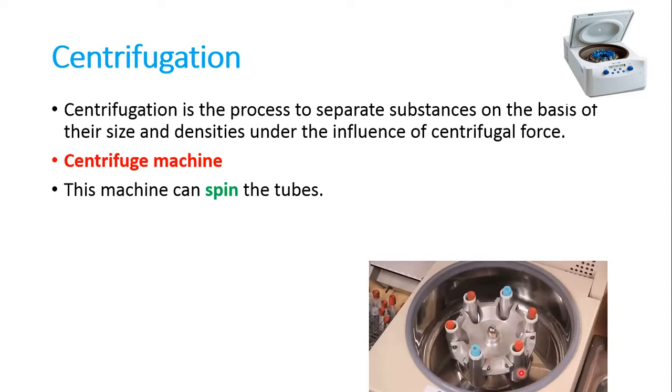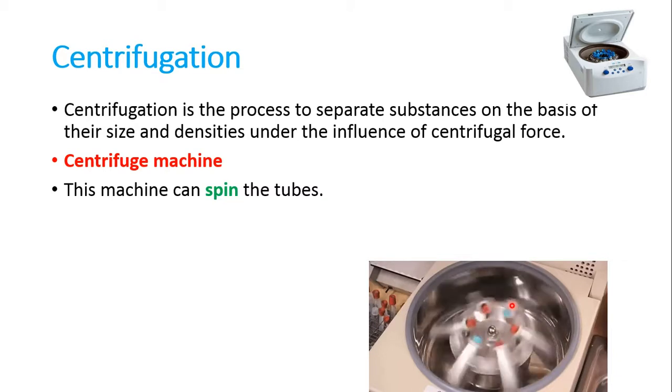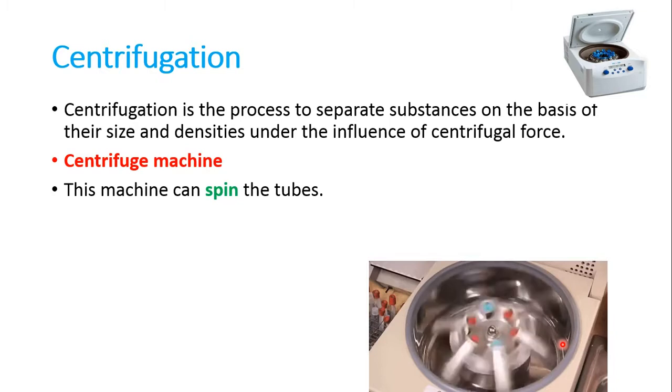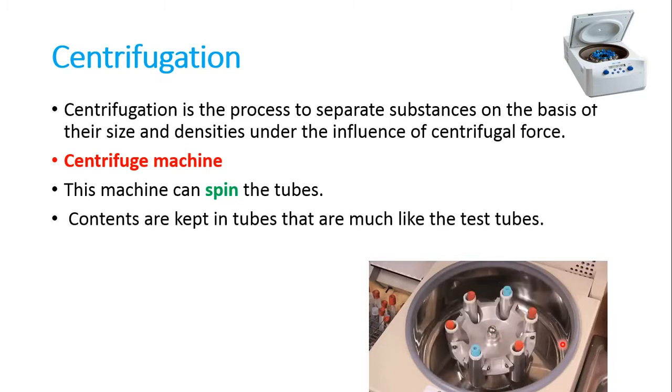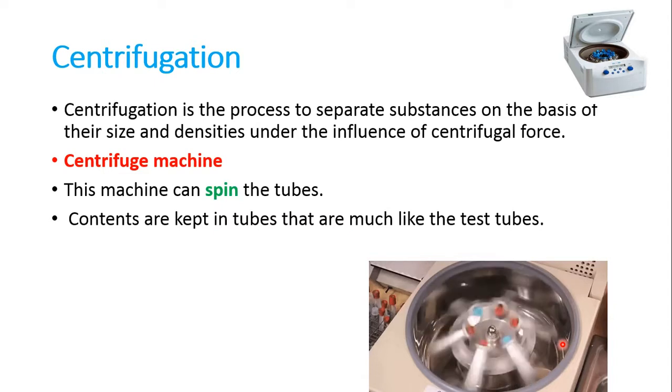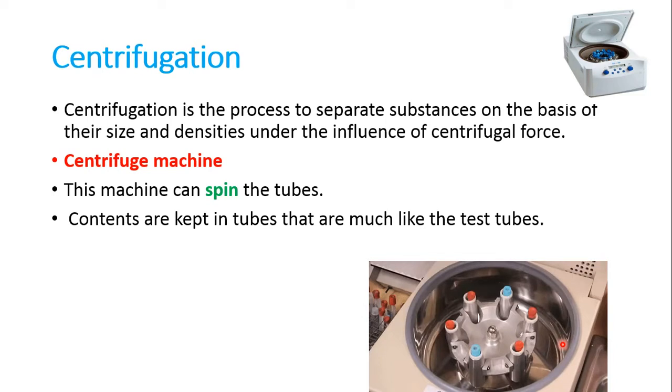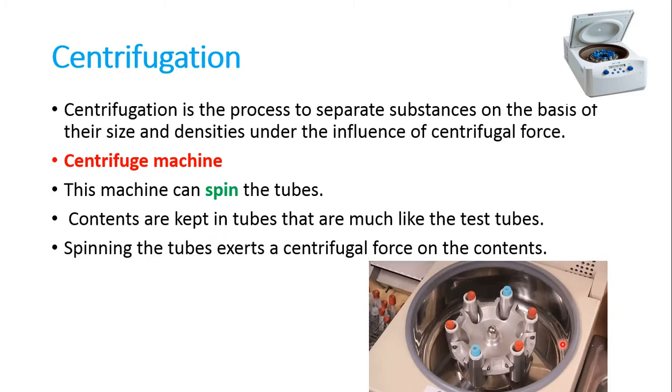During the spinning, there is a centrifugal force that will exert force on these tubes, and all materials present in these tubes will settle down. This is due to the centrifugal force of this machine.